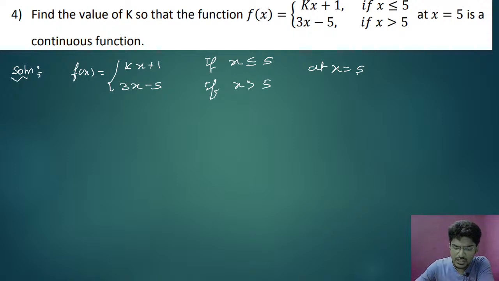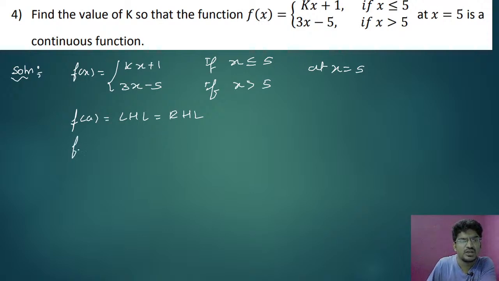Okay. So now if it is continuous at x equal to 5, we know that f of a will be equal to LHL will be equal to RHL. So that is nothing but f of a is equal to limit extending to 5 f of x. Clear?